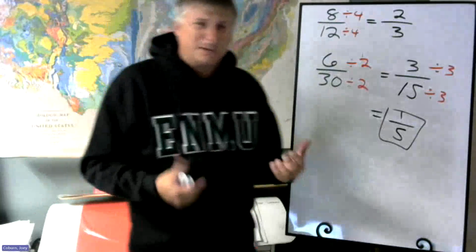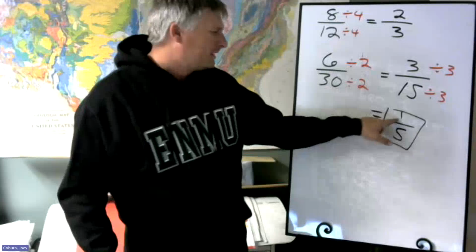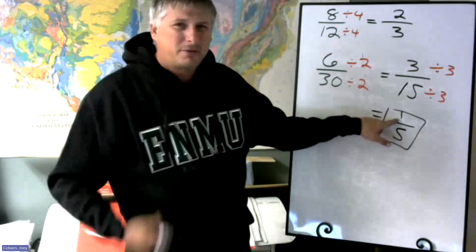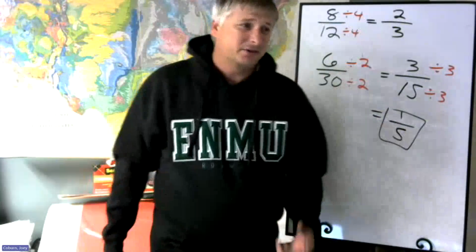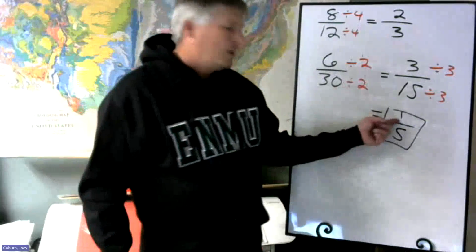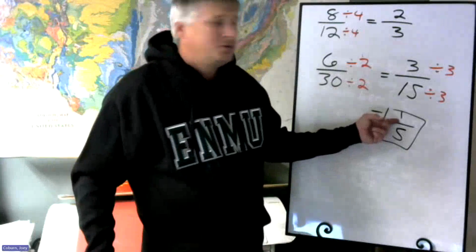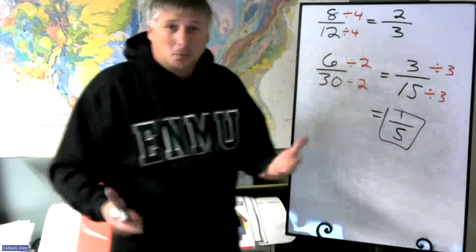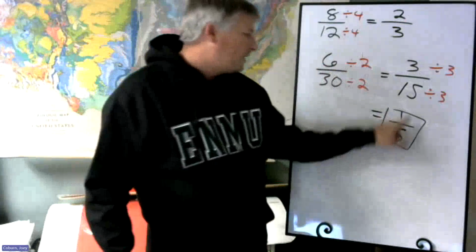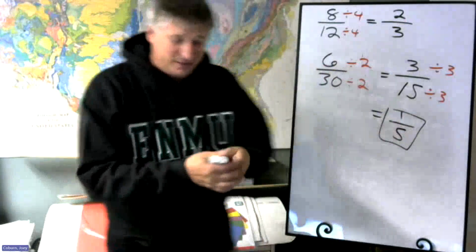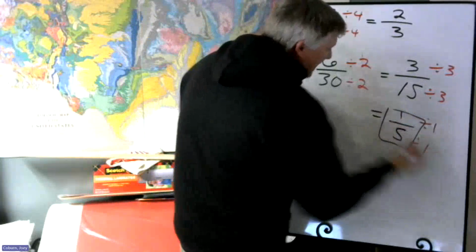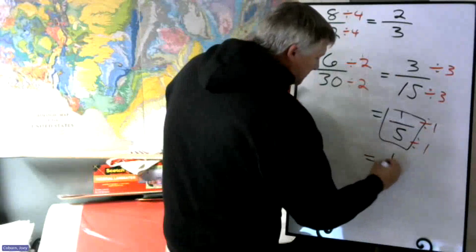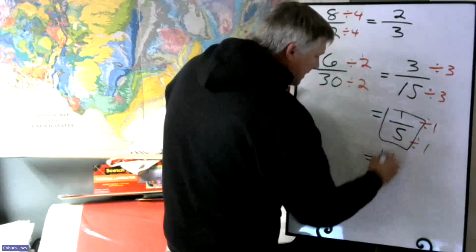And then how do I know? Well, is there a number that I can divide into 1 without a remainder that also divides into 5 without a remainder? You can't divide it by 2. It's not going to work. You could divide by 1, but 1 doesn't really count. I mean, it counts, but it's just not going to change anything. 1 divided by 1 is 1. 5 divided by 1 is 5.